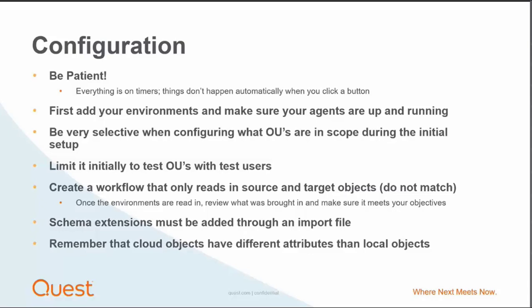We just want to make sure that we're able to pull data in. And do not match that initially, because there are issues associated with doing matching ahead of time before you get your matching criteria defined. So again, just create a workflow that does a read, nothing else.